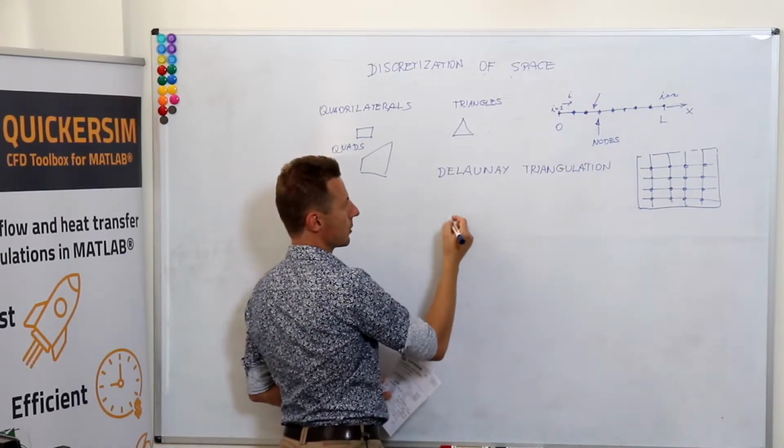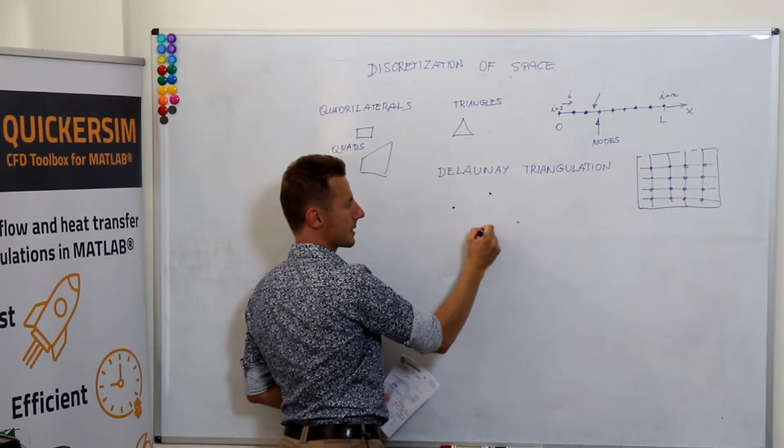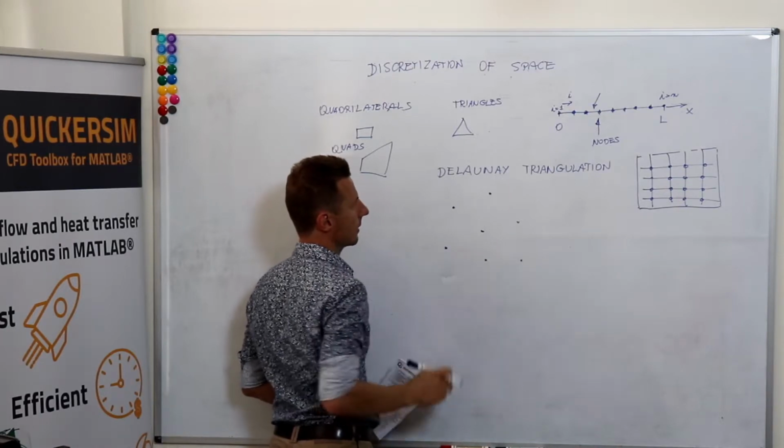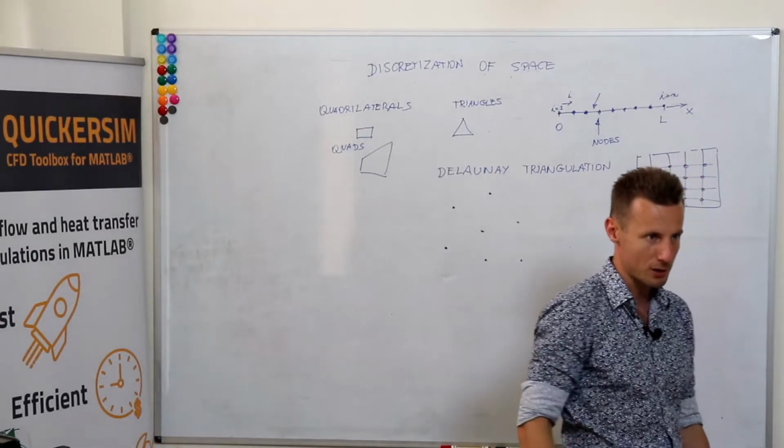There will probably be at least one lecture on Delaunay triangulation, but here is the idea and the concept. The algorithm takes a set of points. So do not be misled: Delaunay triangulation does not generate a computational mesh.